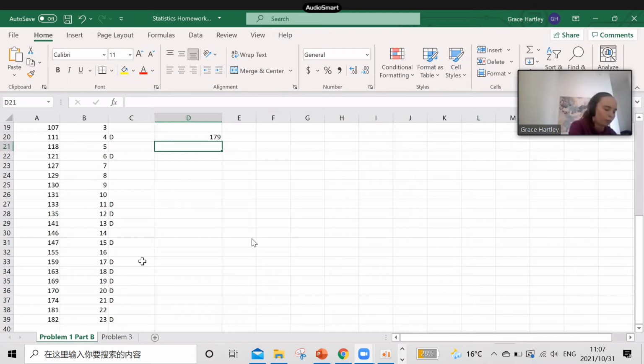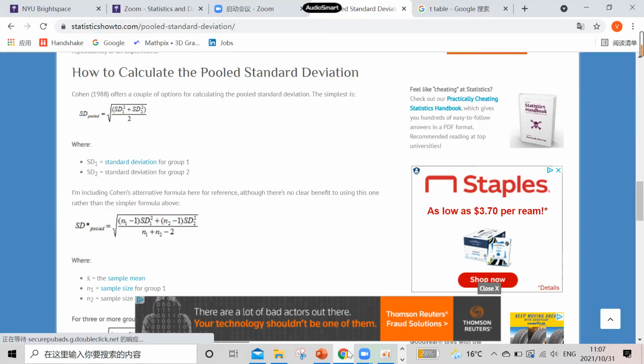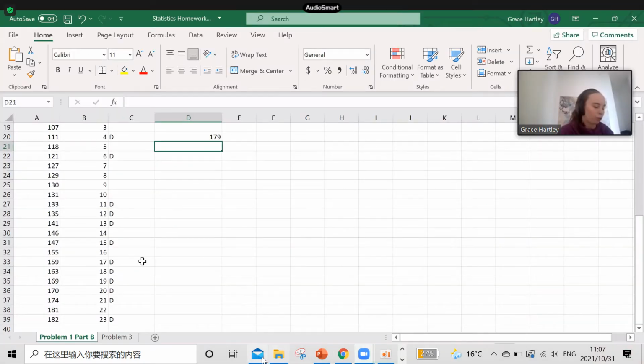That is my first guess. But then you run the calculation: 179 minus 132 divided by the standard deviation, 16.24, which gets you a z-score of 2.8.